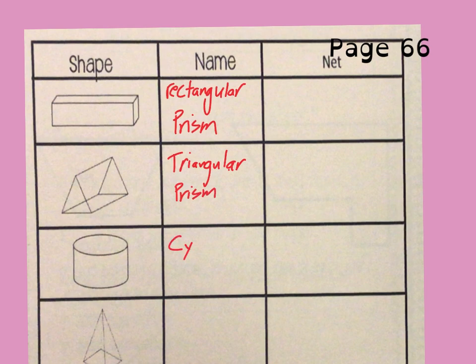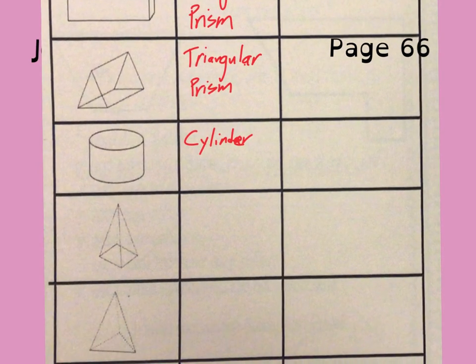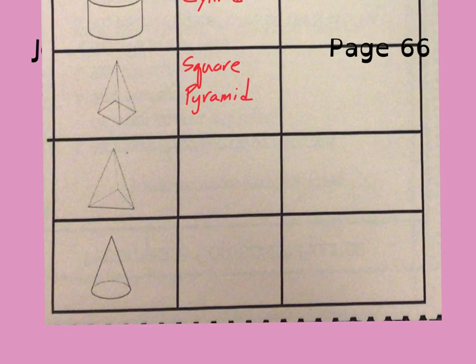This is a cylinder. This is a square pyramid. This next one is a triangular pyramid. And this last one is a cone.